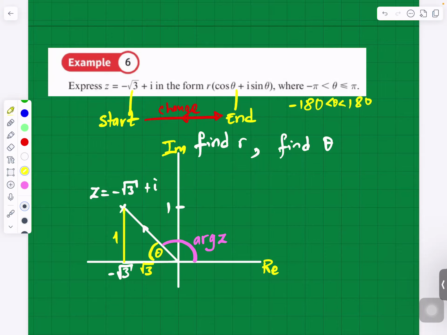So we use tangent. Tangent is opposite over adjacent. I'll just go straight for the formula. The angle is inverse tangent of 1 over root 3. Put that in your calculator. Make sure your calculator is in radians.